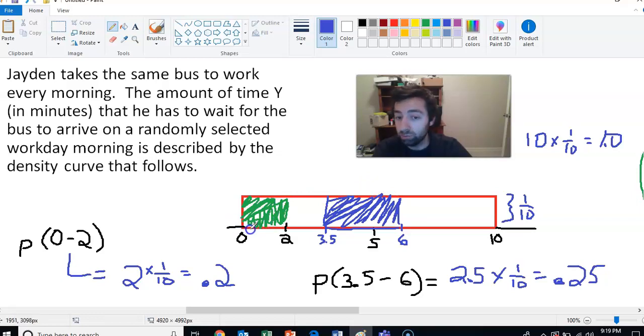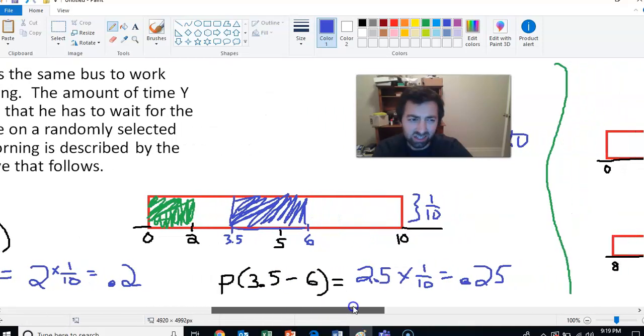So there's a 20% chance that he has to wait between 0 and 2 minutes. By contrast, this shaded area takes up 25% of this entire area under the curve. And so there's a 25% chance that he has to wait between 3.5 minutes and 6 minutes.